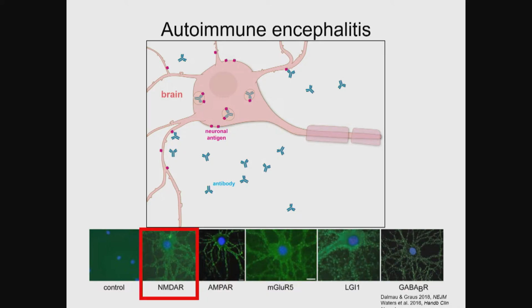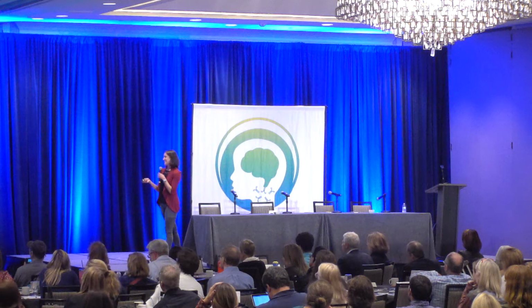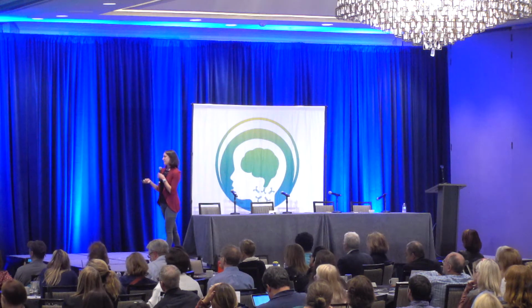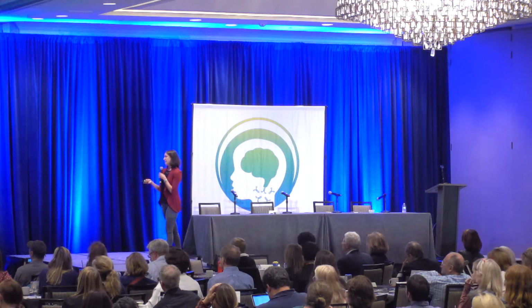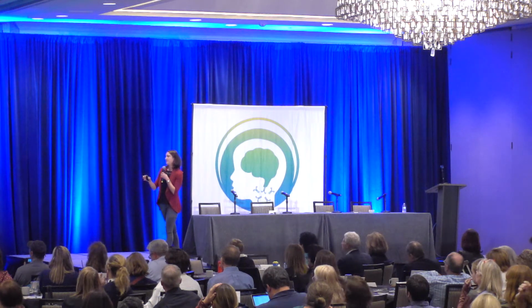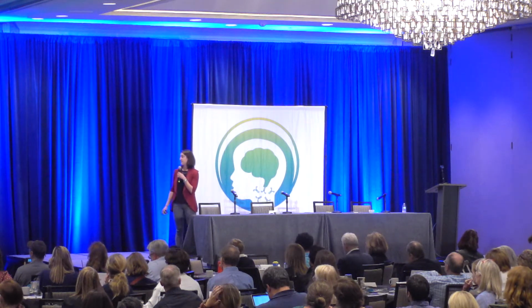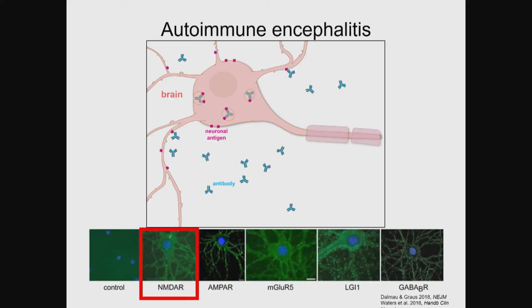But seizures, memory problems, a long range of symptoms, and you can see that these antibodies, when they're allowed to react with neurons in a dish, react very strongly and tightly bind onto their neuronal targets that are on the neuron surface. So the most well-described autoimmune encephalitis targets the NMDA receptor, which is heavily implicated in memory formation. So as a result, these patients typically don't remember any of their disease course.